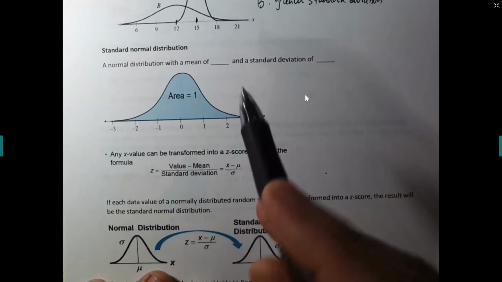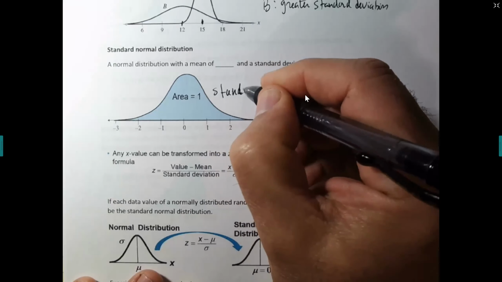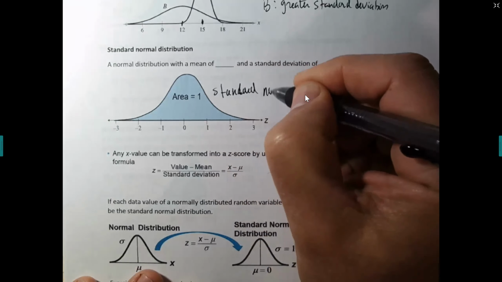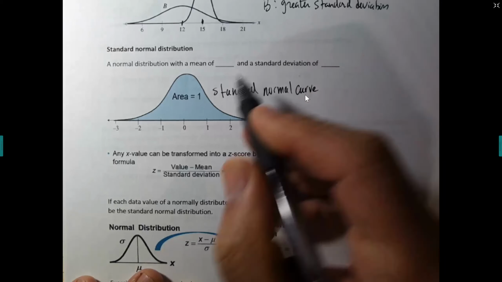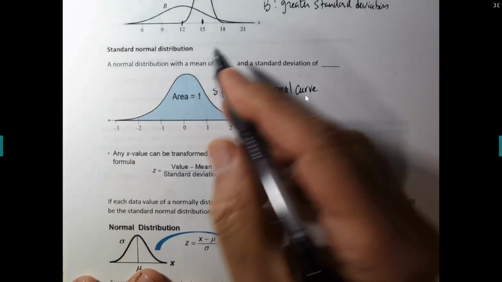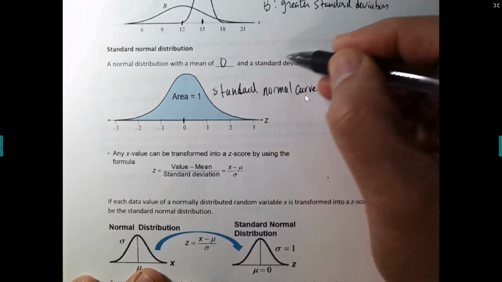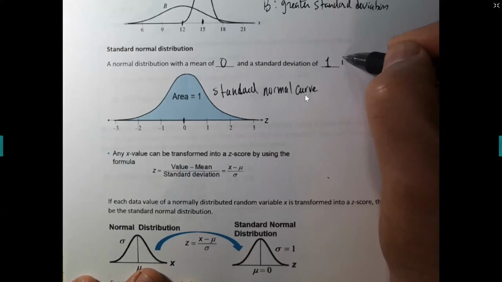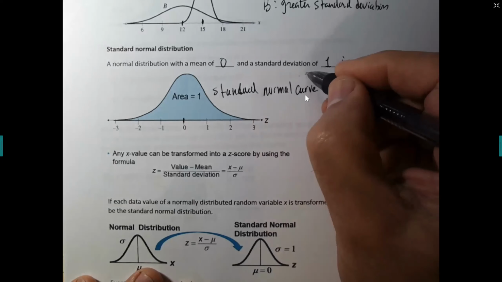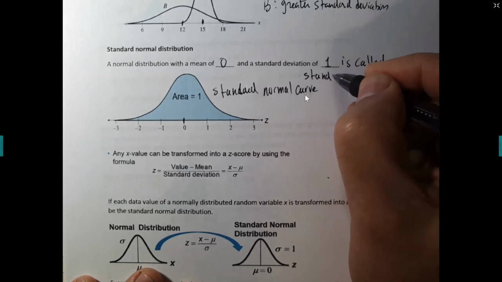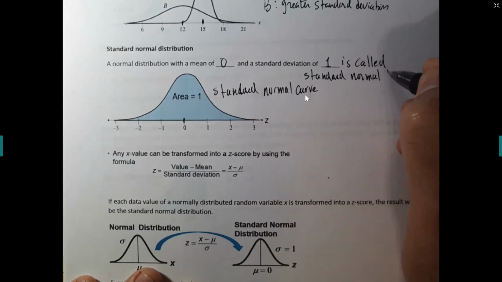So a normal distribution with the mean of 0 and standard deviation of 1 is called standard normal. So the word standard means z-scores, guys.